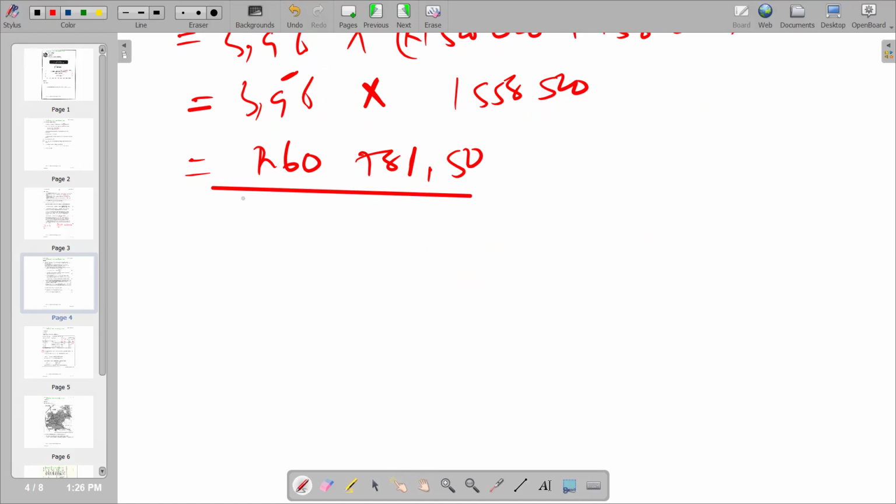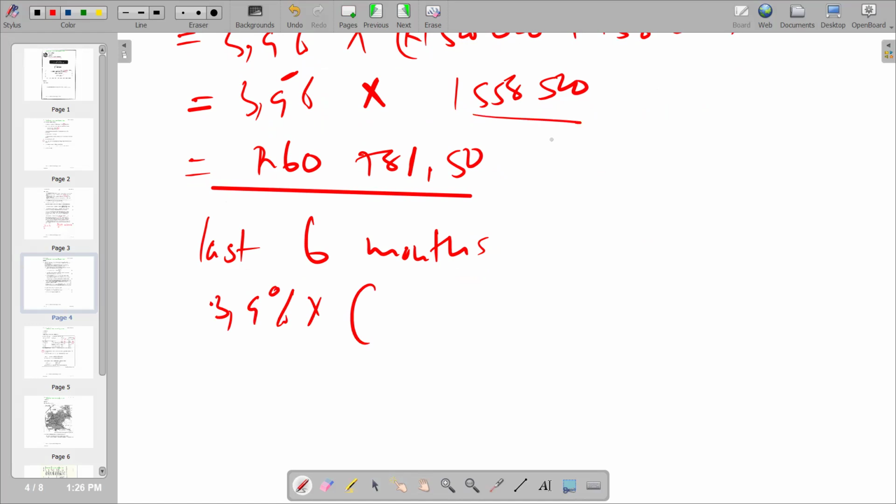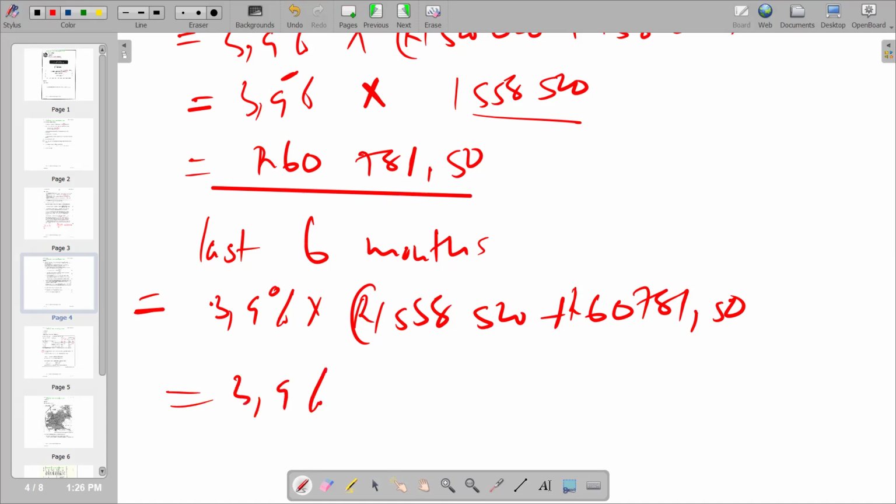So it goes again to say for the last 6 months, interest is going to be 3.9% times the last amount, which is 1,500,000, 1,558,500, and then we add 60,781.50. So this is what we have.